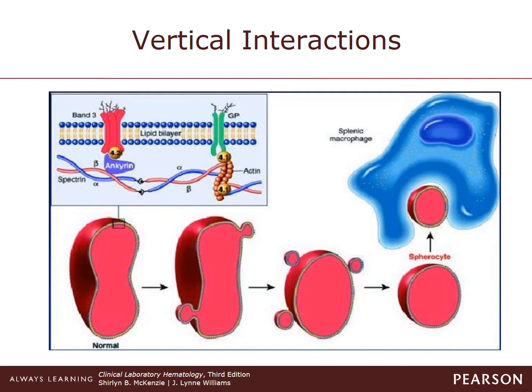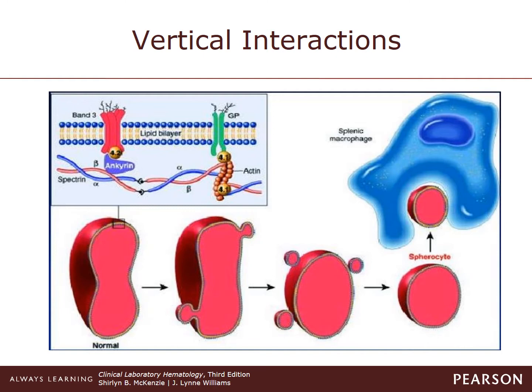Vertical interactions are perpendicular to the plane of the membrane. The interactions between the skeletal lattice and its attachment to integral proteins and lipids are important because they stabilize that lipid bilayer membrane. Any defects in this could cause an uncoupling of that lipid bilayer.